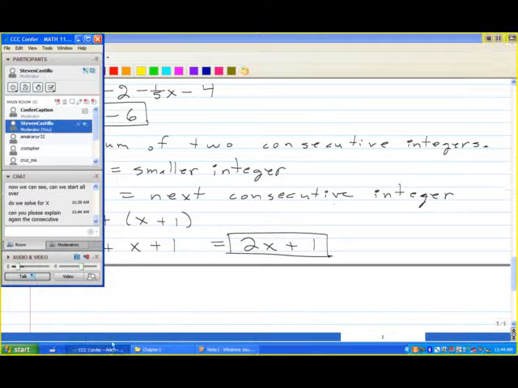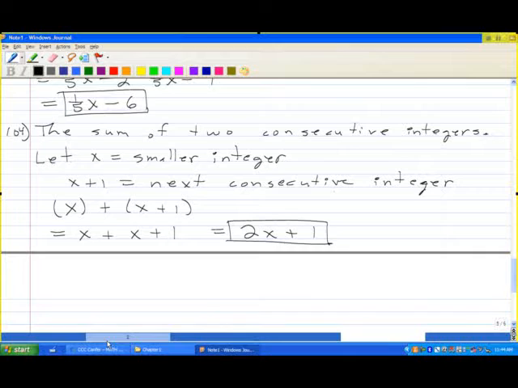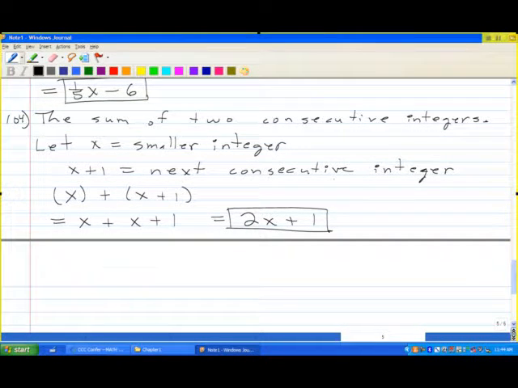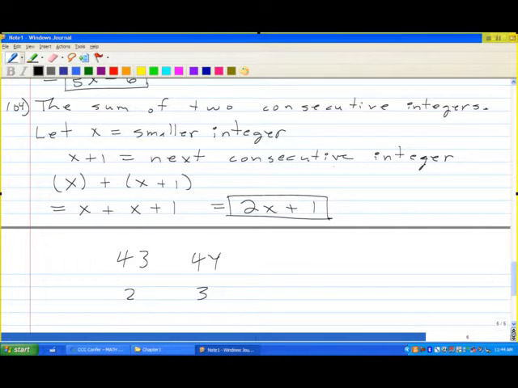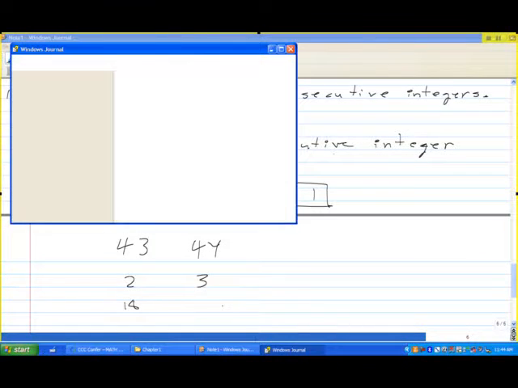Suppose we had 43. What's the next consecutive integer? Well, what's the next guy in this list? 44. If we had 2, the next consecutive integer is 3. And 18?